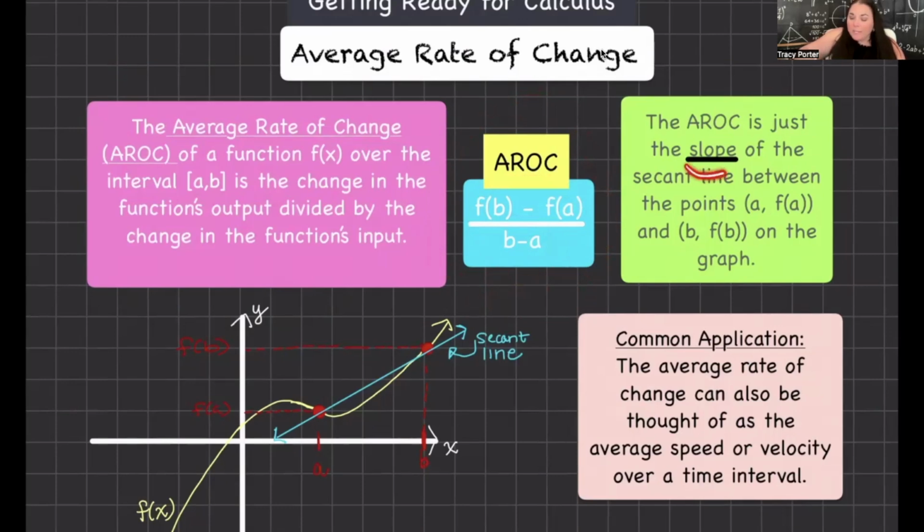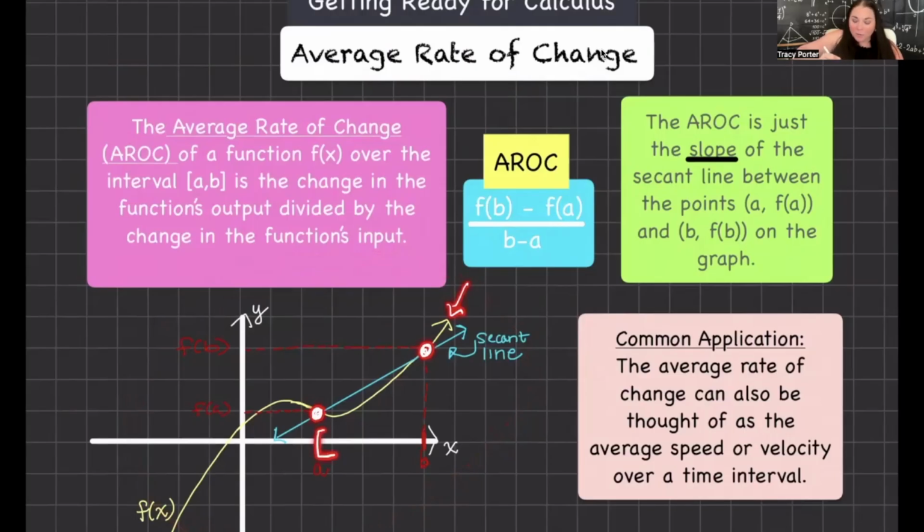And so we say that it's really just going to be the slope of the secant line, which is just the line connecting the two points, a, f of a and b, f of b on the graph, like seen here in this picture. The yellow graph is your function. Here are your two points when x is a and b.